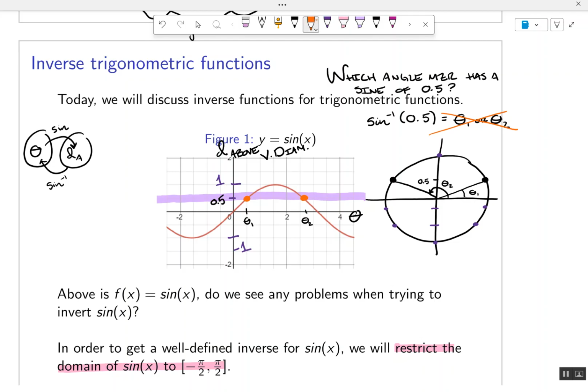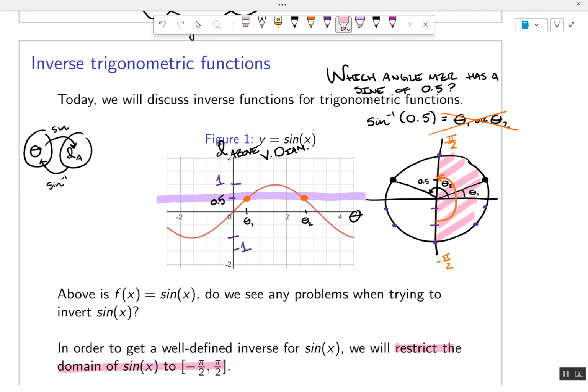So we're actually only going to be concerned with angle measures along this half revolution, from what we can call negative pi halves up to pi halves. And we're only going to be concerned with this half of the circle.